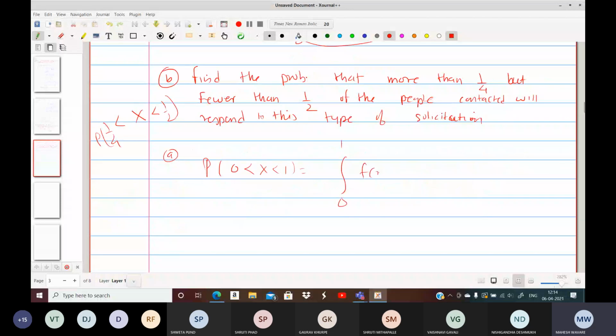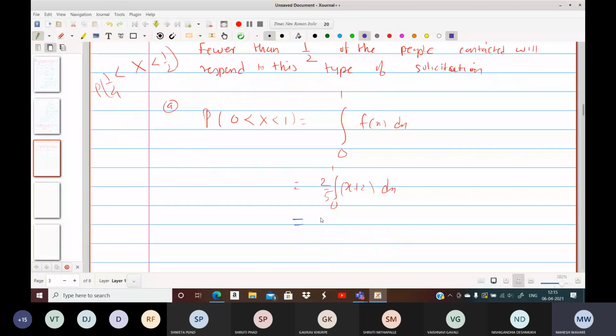The integral from 0 to 1 of f of x dx, the function has value 2 upon 5. I will take out x plus 2 dx. Just integrate it. Its integration is 2 by 5 times x square upon 2 plus 2x, and put limits 0 and 1.